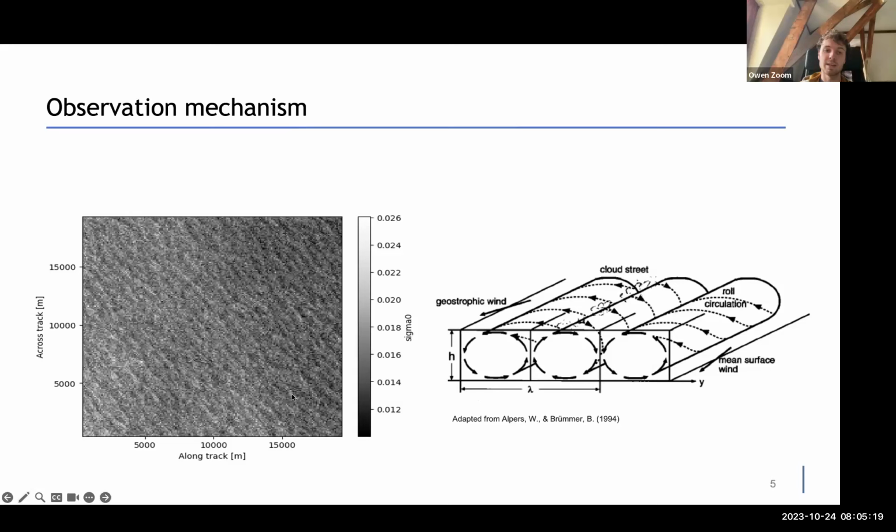So we get this streaky, bright, dark pattern. So this is to show that the atmosphere or the wind field of our atmosphere can imprint itself onto the ocean surface and modulate the small scale waves, which we can see with our radar.